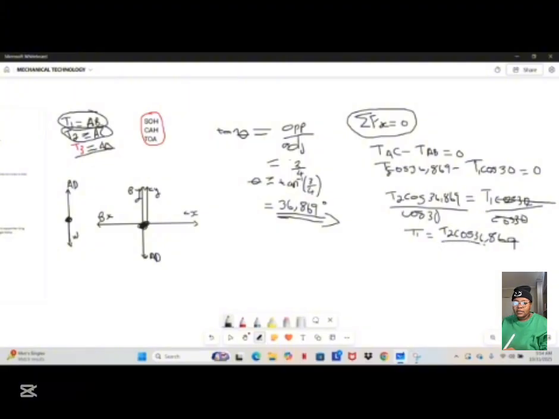Right, and then this is equation 1. So we have our equation 1 here for the sum of the horizontal forces. This is what we have.